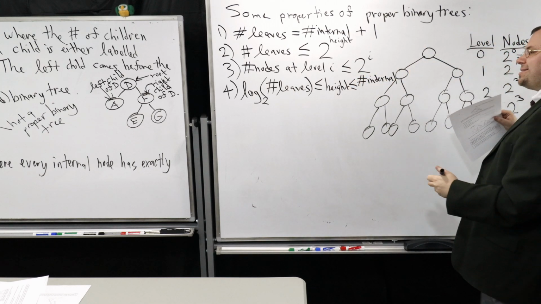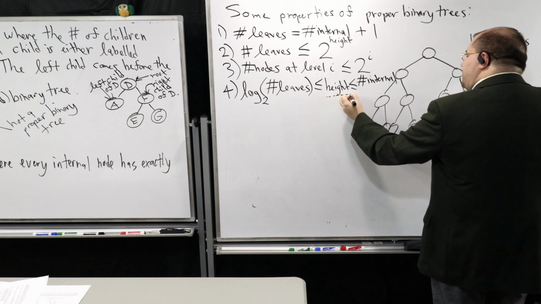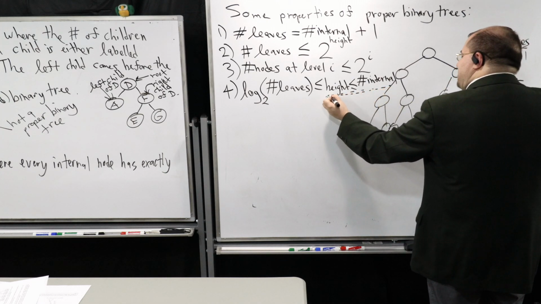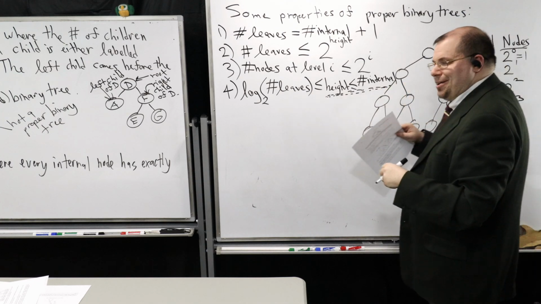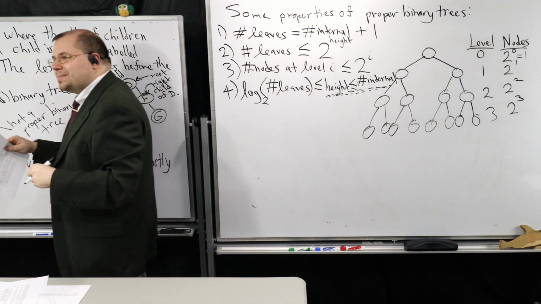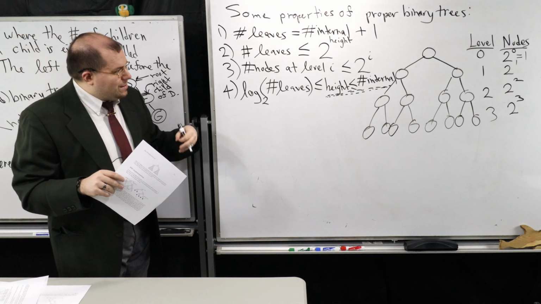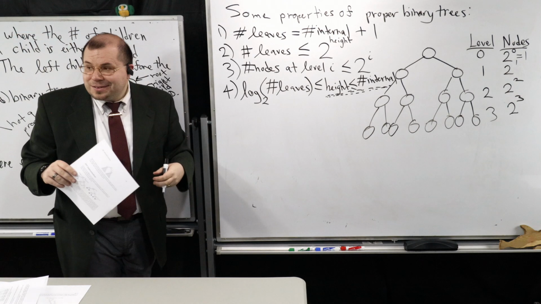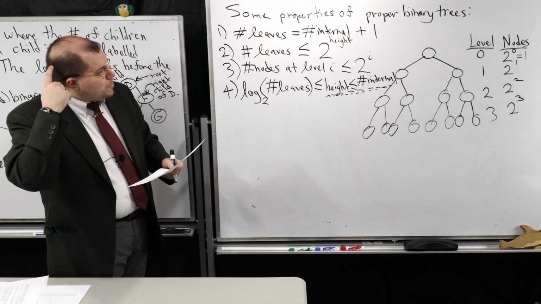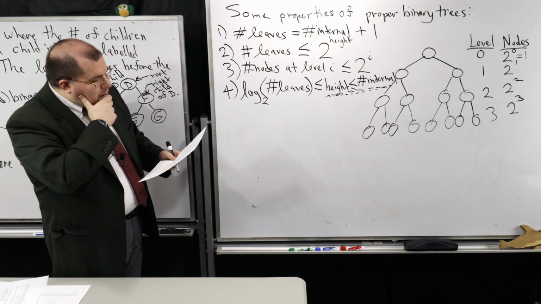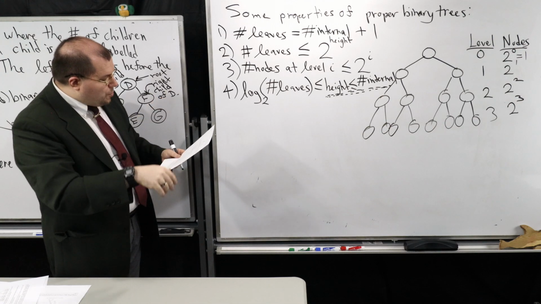I must stress that this one part here is going to be highly relevant for us in about a week or so: the height is never more than the number of internal nodes in a proper binary tree. So these are some fun properties.